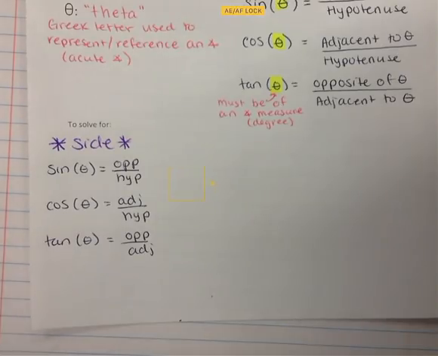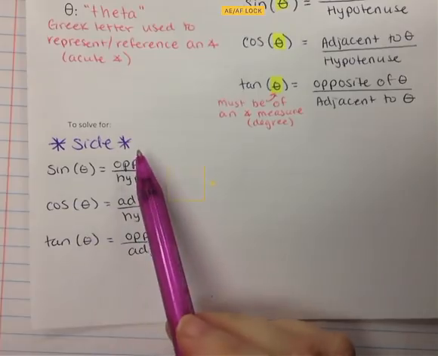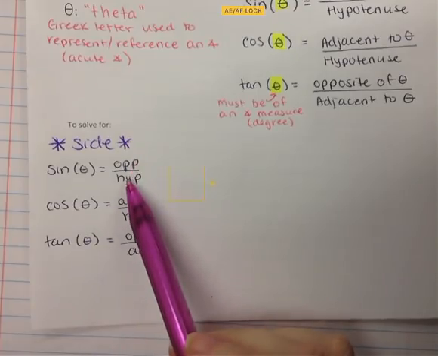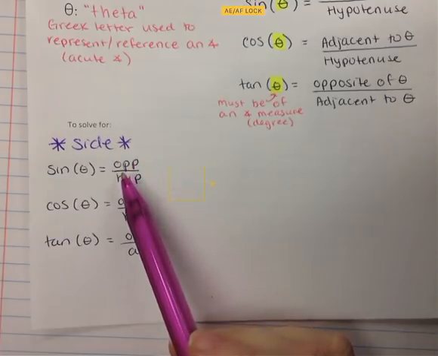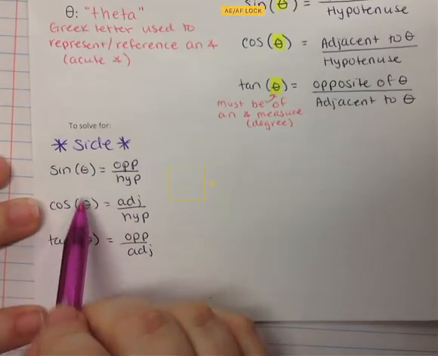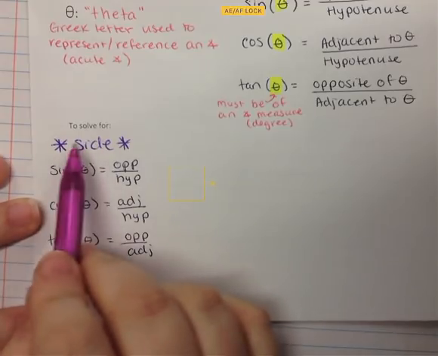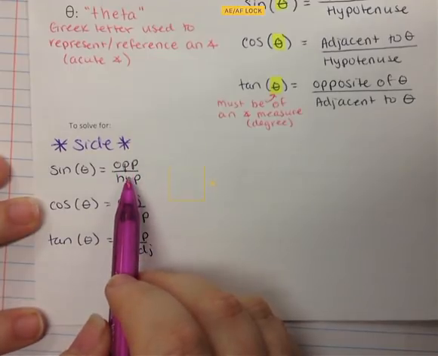Now, when you're setting it up, you're going to have a number inside the parentheses, and you'll have either the numerator or the denominator. Again, you'll have your theta, because if you're solving for a side, you'll be given your theta.